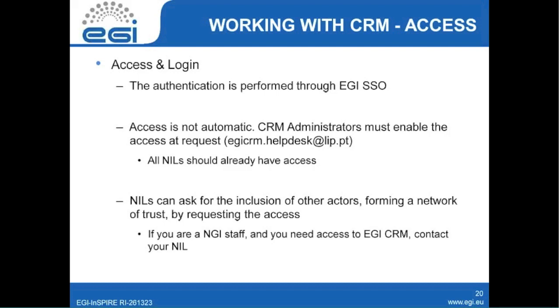If a NIL asks us to give permission to access the system to some other actors, the NIL just has to send us an email and we will open access to the system for this person. Basically, NILs for us are a network of trust. So if a NIL asks us to give access to someone else, we will do it.